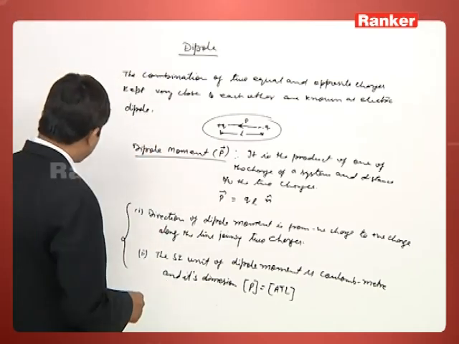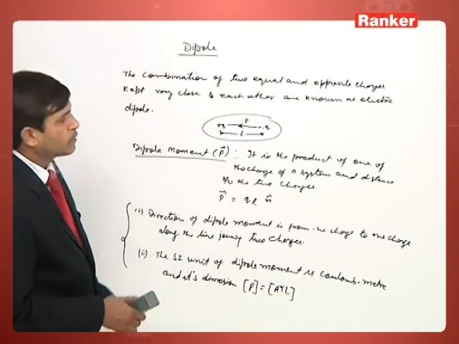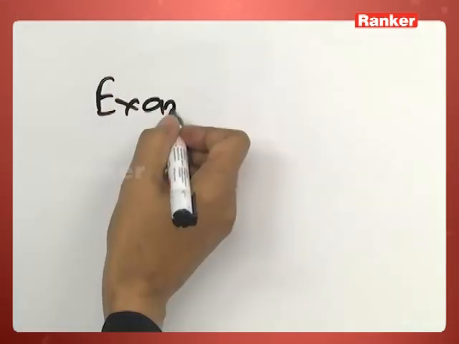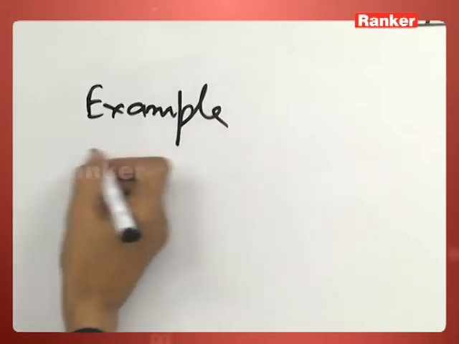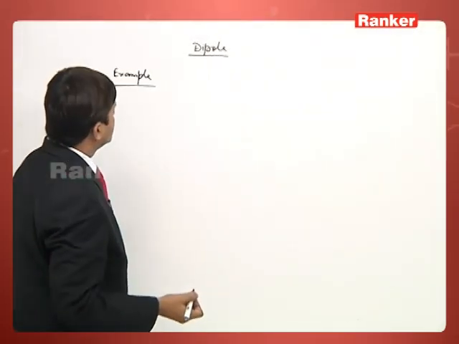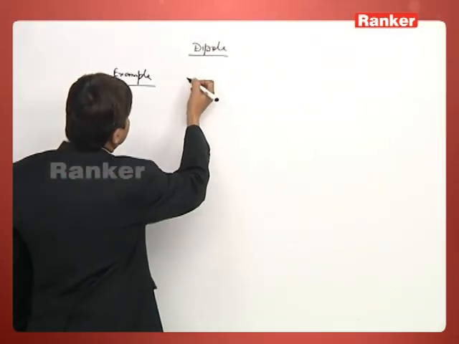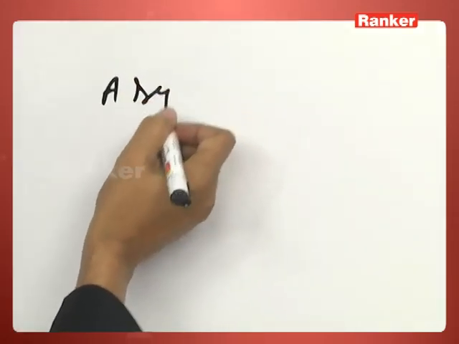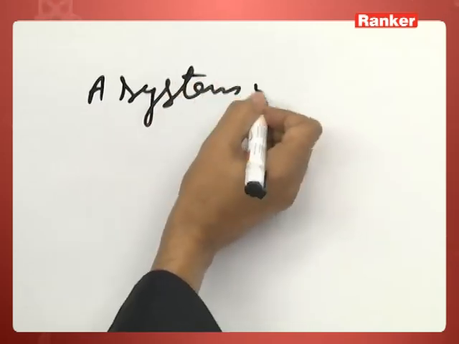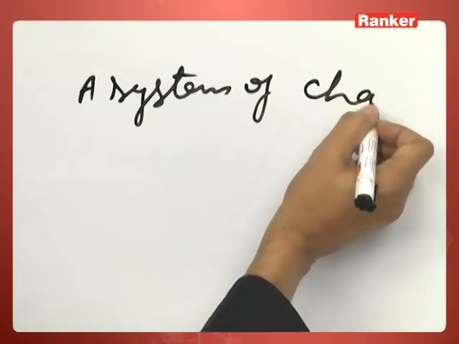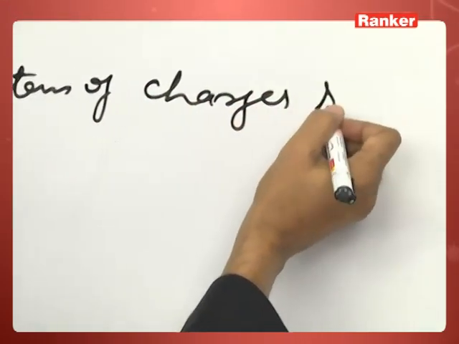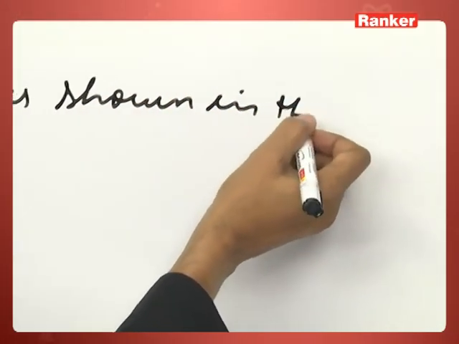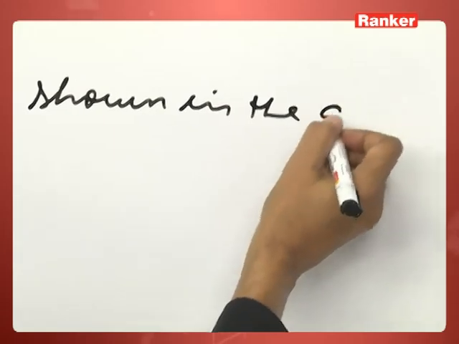Now see one question based on the dipole moment. Now see one example. A system of charges is shown in the diagram.